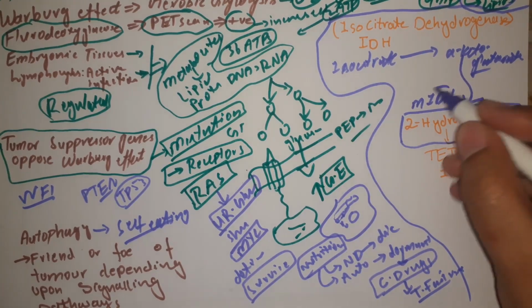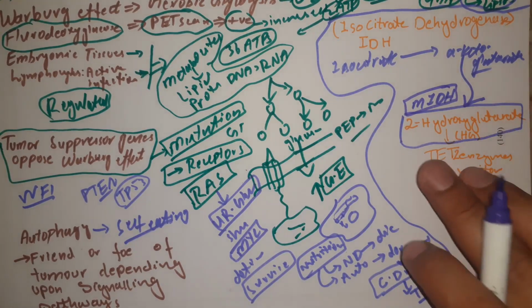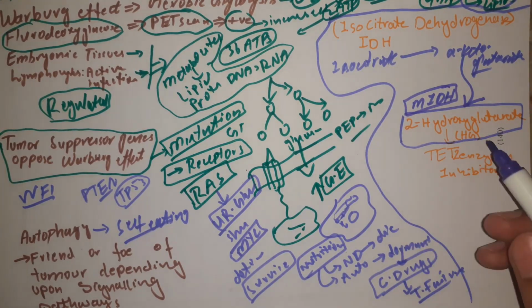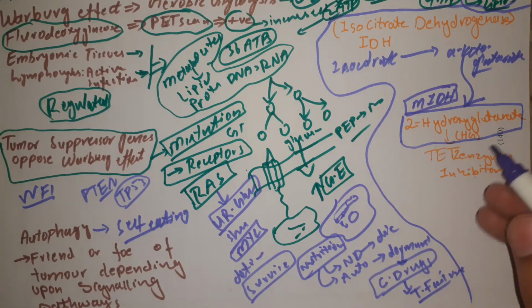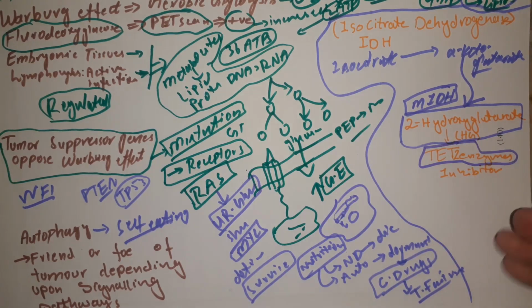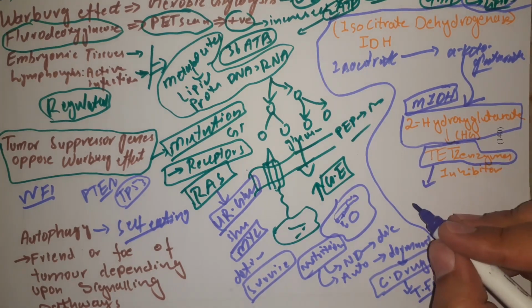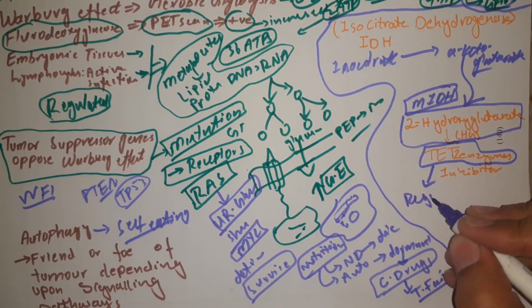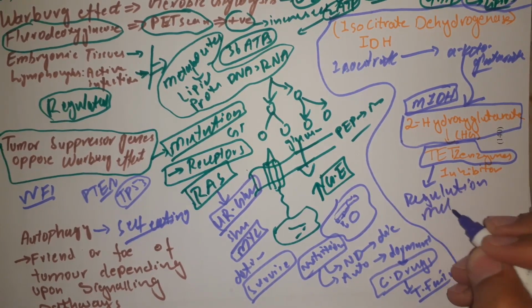This 2-hydroxyglutarate inhibits enzymes of the TET family, and the principal enzyme inhibited is the TET2 enzyme. You need not go into the details of these enzymes. You should remember that this TET2 enzyme is basically involved in the regulation of methylation. It regulates the methylation of the DNA.